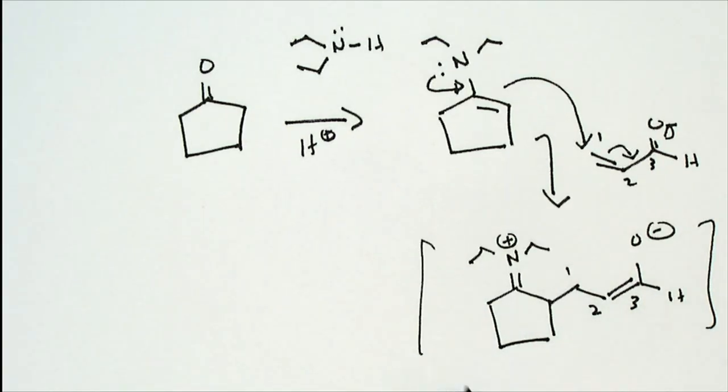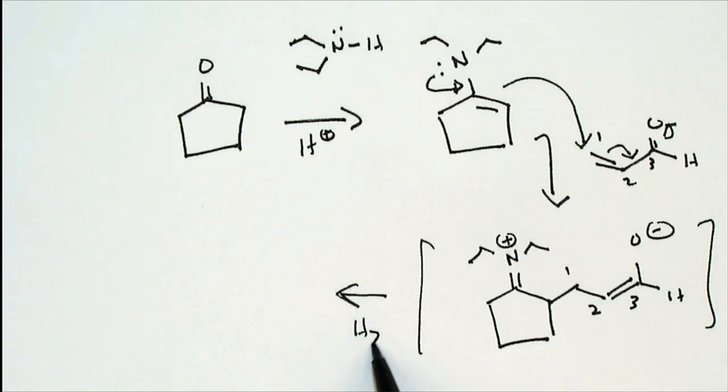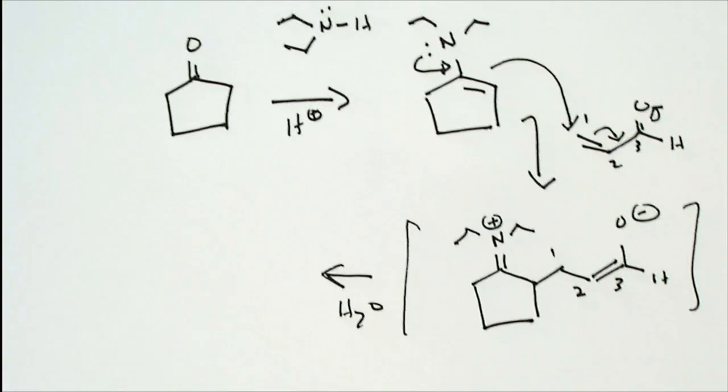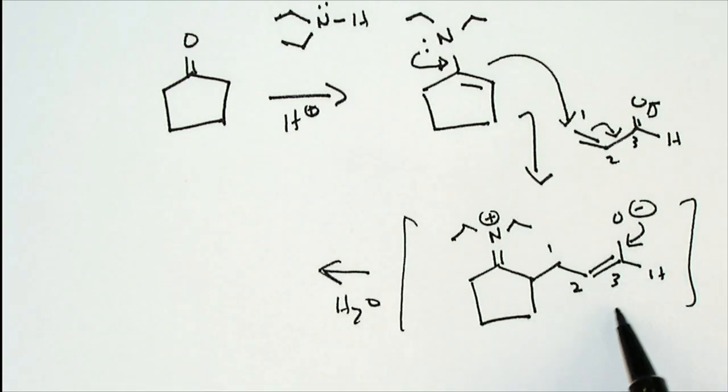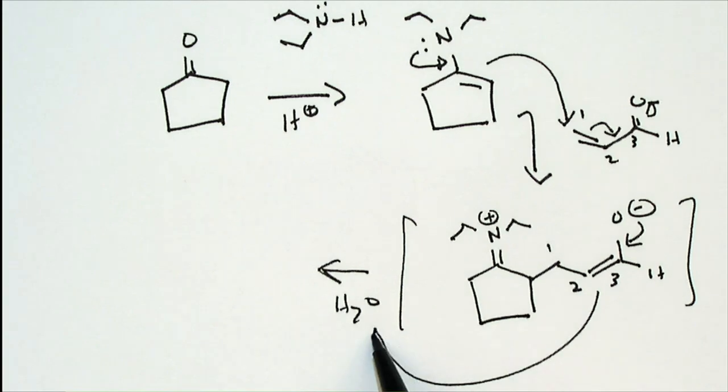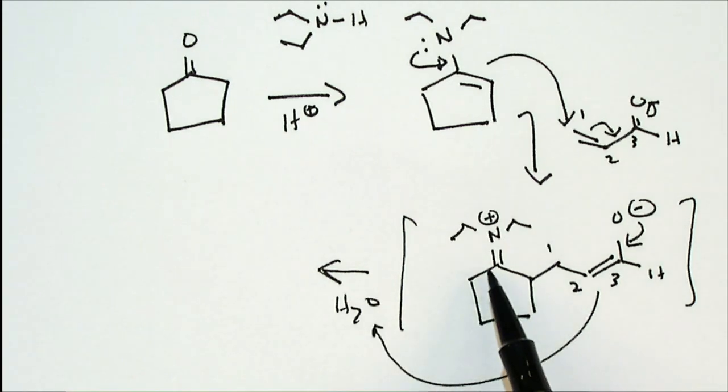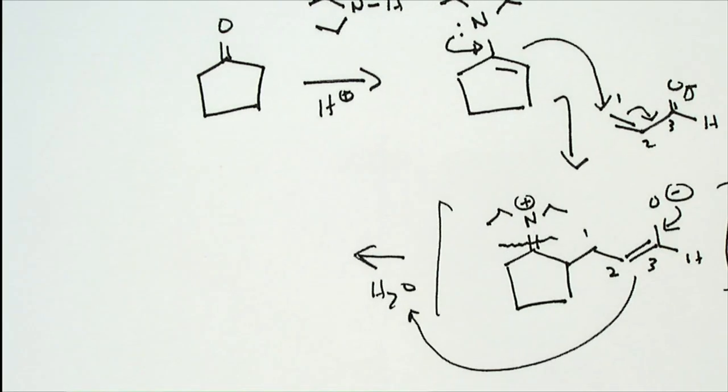And then, of course, we're going to throw in our H2O, which does double duty, right? You reform the carbonyl at carbon number 3, carbon number 2 reaches over and is protonated, and at the same time you end up cleaving the imine and placing back your oxygen.